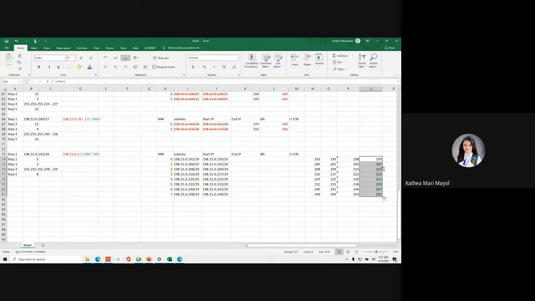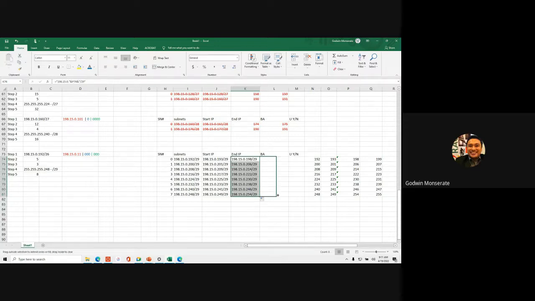Oh, so meaning, may formula pa man ni siya, kung ato ni siyang i-copy like this, may mo na siyang 198. Sakto na. Okay? Then, 254. Ato ni siyang i-ana, 199 na, 207. Kompleto na. Okay? So, ato na siyang i-copy and paste.